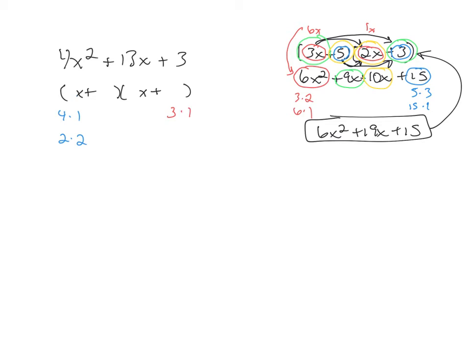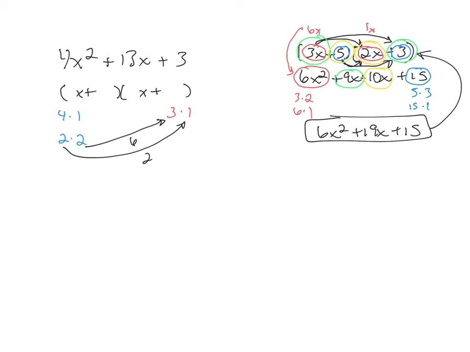Okay, so now I need to figure out, well, remember it's one red with one blue. One of the numbers on the left with one of the numbers on the right, and then the other ones. So if I were to do 2 times 3 is 6, and 2 times 1 is 2. 6 and 2 make 8.